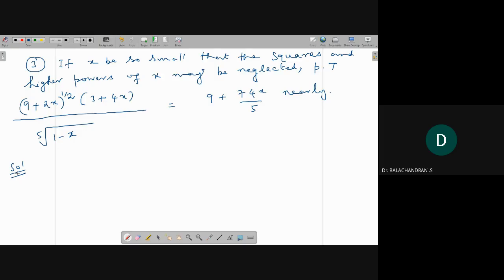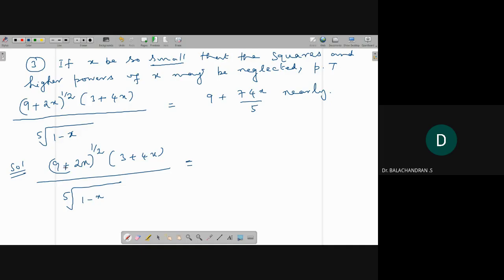So what is given in the left hand side expression? Here x is small, and you can see x is in the numerator. So (9 plus 2x) whole power half into (3 plus 4x) divided by the fifth root of (1 minus x). I need to take 9 commonly from this expression.